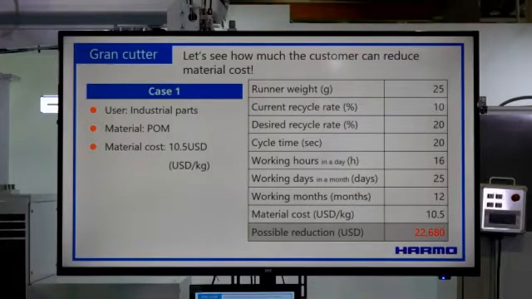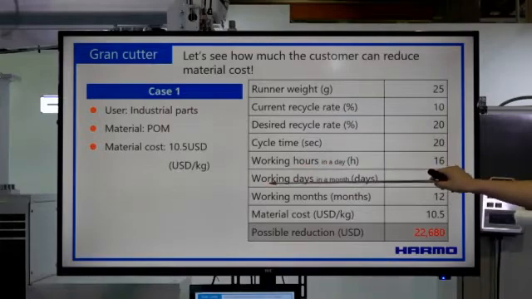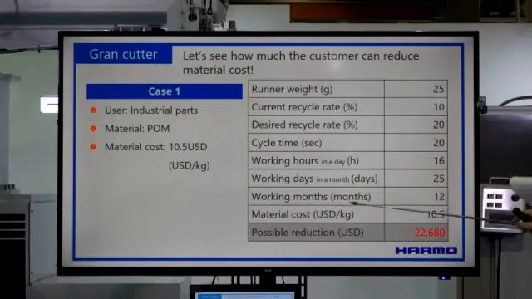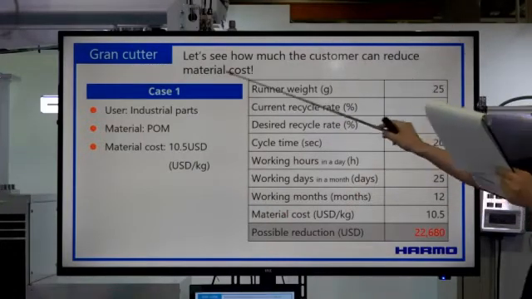Okay, so let's calculate. To calculate, we need these items: runner weight, current recycle rate, desired recycle rate, cycle time, working hours in a day, working days in a month, working months, and material cost.